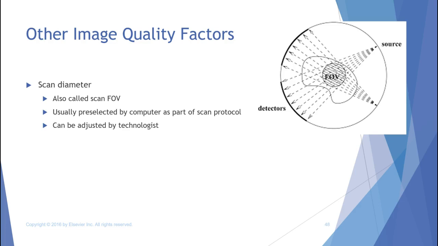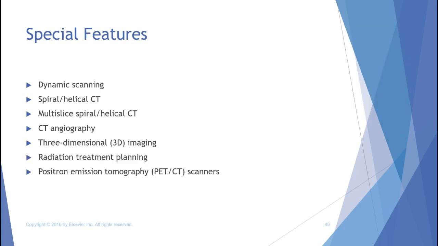So even though your patient is not 50 cms, the information within 50 cms of the isocenter is going to be taken as the tube rotates around, and that information is projected onto the detectors, okay? Well, you can adjust that. So for a head, you wouldn't need 50 cm scan field of view. So you can adjust that down to, say, 25, okay? But that is what the scan field of view is doing.